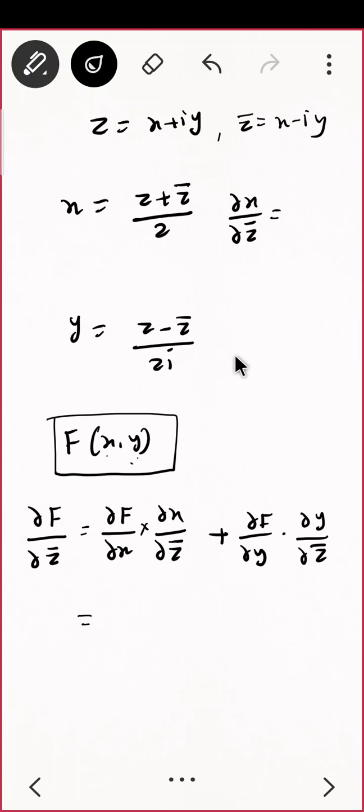And here also, why z? Z is not in terms of z bar, so z is a constant for me. I just need to see z bar. That is what partial derivative means. So it will be just 1 by 2. And what about dou y by dou z bar? Minus 1 upon 2i. Do you agree?